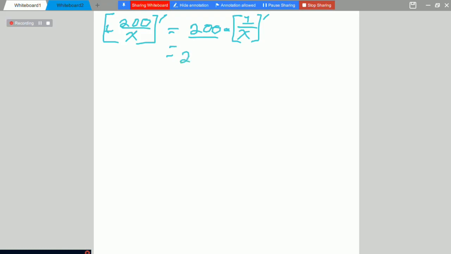Now, if we carry the constant down, we're going to say that this is x to the negative 1 power, which you guys probably learned at this point. If I say that this is x to the negative 1 power and I want to find the derivative, this little line right here indicates that I want the derivative of that.